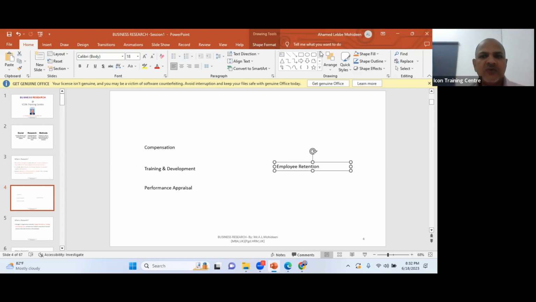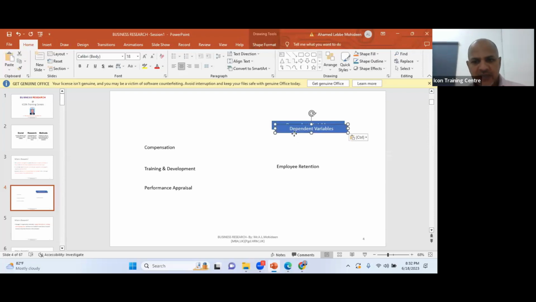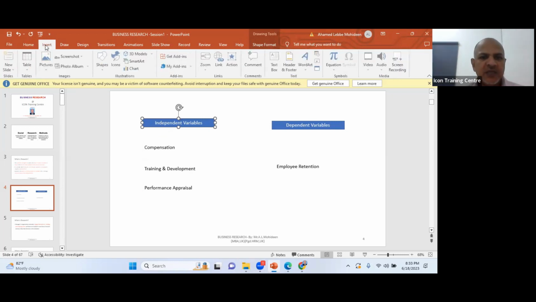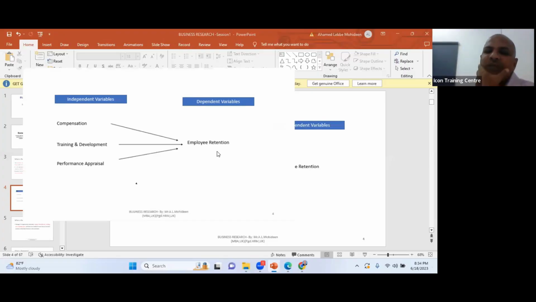Is that clear now? Now the same thing, this side, we are going to have independent variables. So we have two types of variables. What is the relationship? You are going to see. For example, if we want to take this box and put that into a box. How did you come to know this conceptual framework?